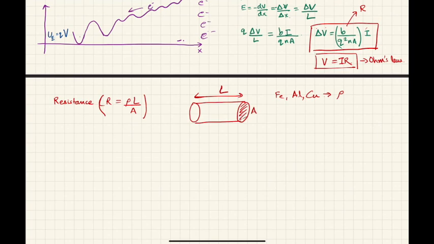Resistance is related to resistivity through this rho L by A, and this is what I meant by saying that resistivity is just an intrinsic property of the material, whereas resistance is both the intrinsic property as well as the dimensions of the wire or the resistor.